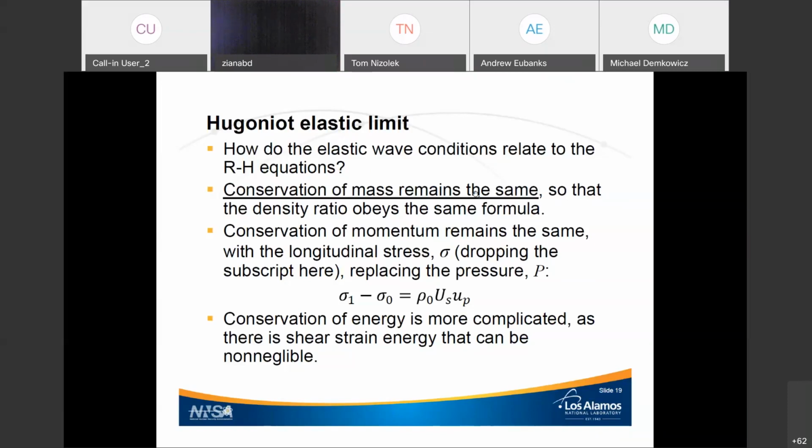You still have mass flux in equals mass flux out, so the density ratio obeys the same formula. Conservation of momentum remains the same. However, instead of using pressure, we'll use longitudinal stress. Now I'm not going to have 1,1 because I'm going to be using these subscripts as the initial state and the final state. Conservation of energy is a little bit more complicated because there is shear strain energy that can be non-negligible. So I'm not going to give you an equation for that right now.